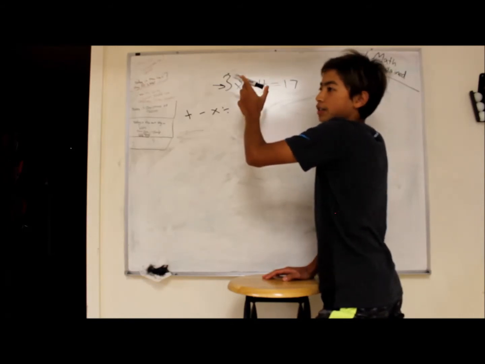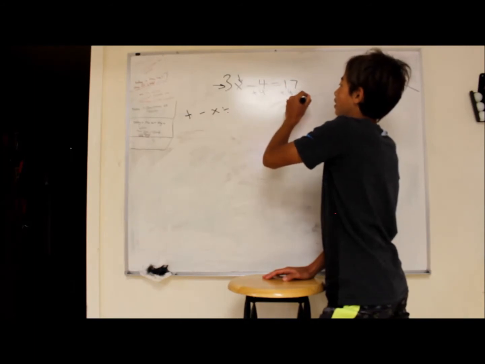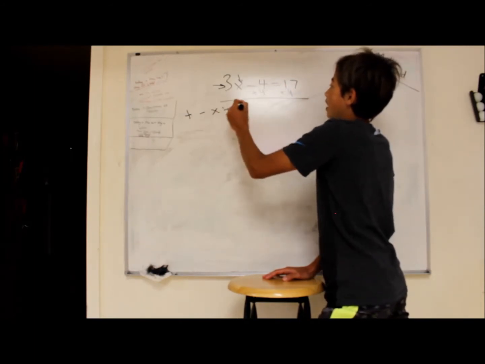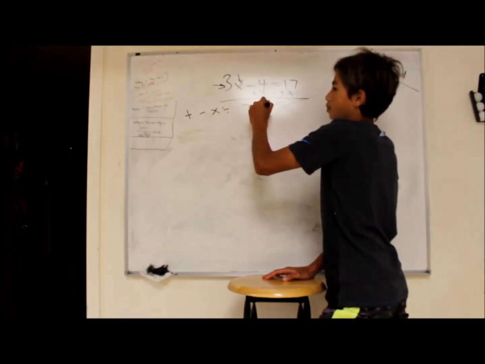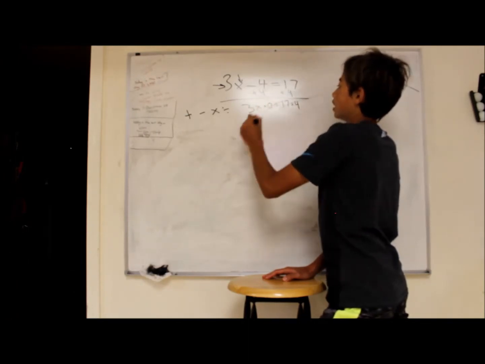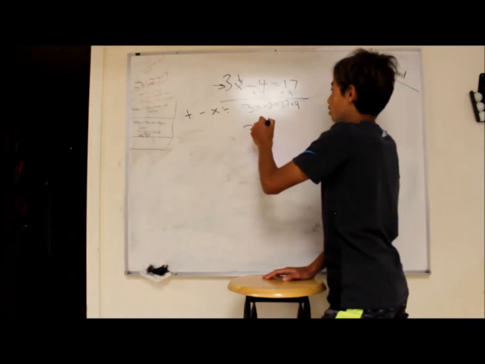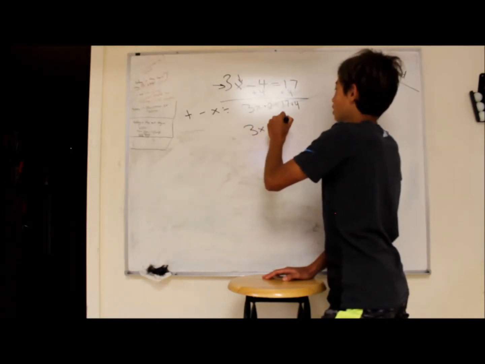And then because I have to do the same thing to this side, I got a plus 4 here. So now I end up with a 3x plus 0 equals 17 plus 4. Or 3x, because a 0 is just a 0, so 3x is 21.